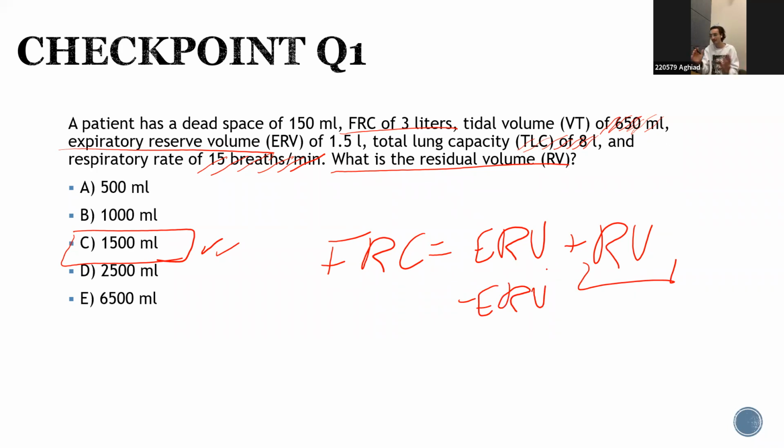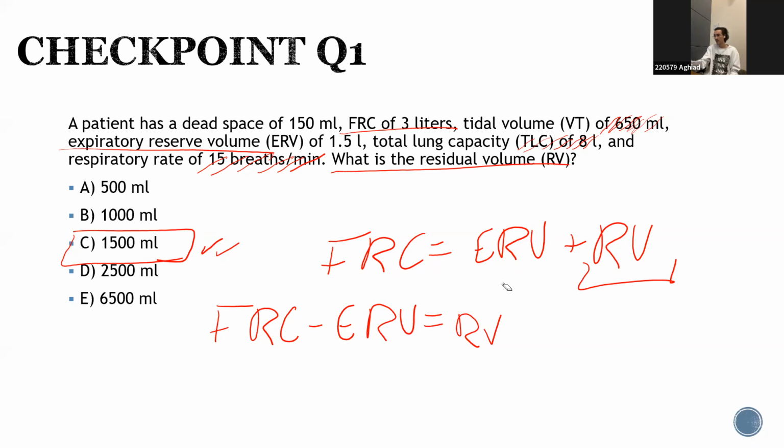It doesn't really have to do much with memorization, it's just the concepts you need to understand. So FRC minus ERV equals RV, and that will be 3 liters minus 1.5, which gives us 1.5 liters, equivalent to 1500 milliliters. Is that clear?